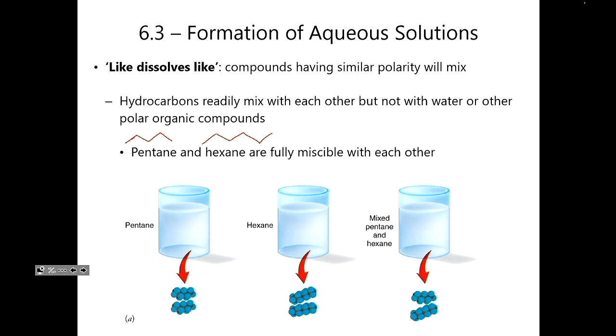And if you recall the types of attractive forces that exist between pentane and between hexane molecules on their own, what type of interparticle forces is that? What are the types of interparticle interactions? So actually, van der Waals is the umbrella term.